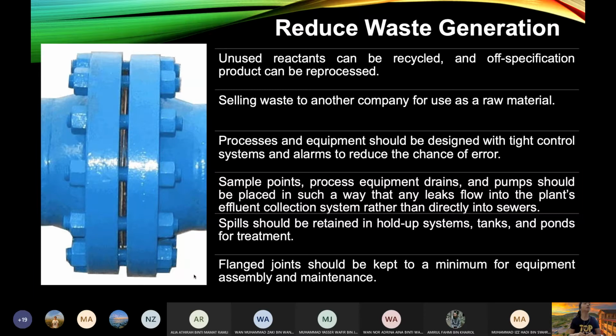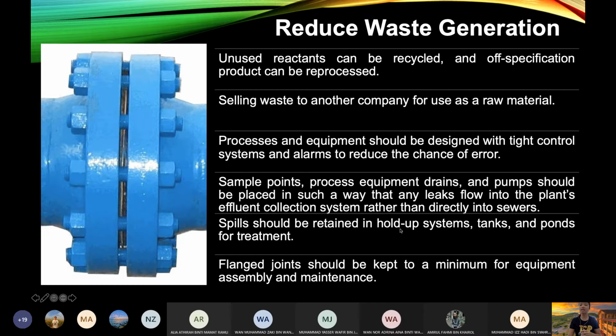Okay, so then location of your sample point, drain and pumps should be placed in a way that the leaks flow into the plant effluent collection system rather than directly into sewers. So even the position of the equipment also will need to be considered as well.